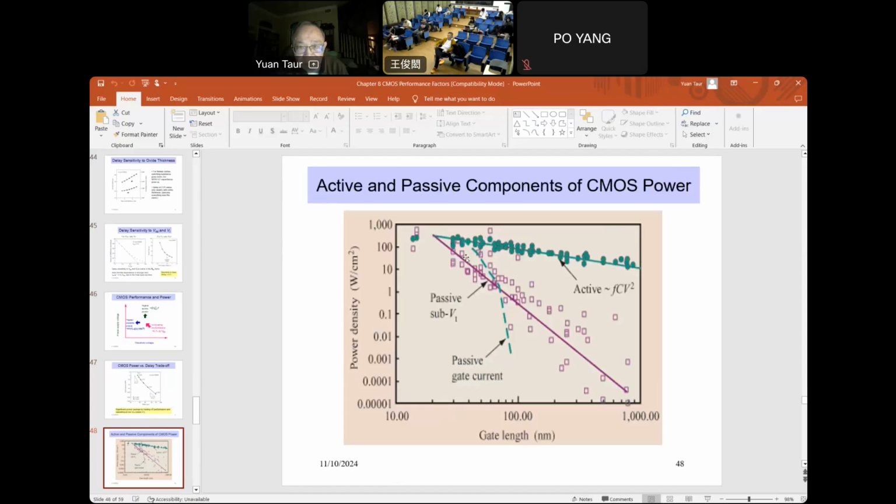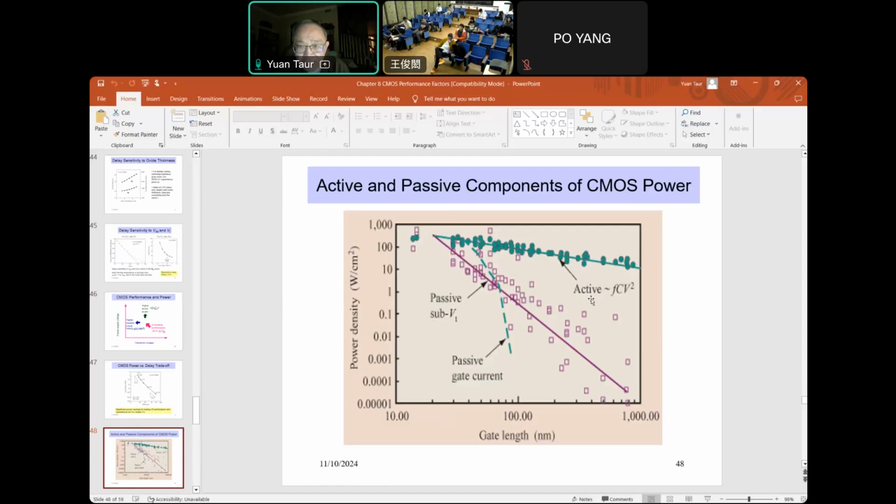The power that goes up more steeply is the subthreshold leakage. That's why the threshold voltage cannot be reduced much below 0.2 volt. Otherwise, the passive, standby subthreshold leakage power goes up for the whole chip.